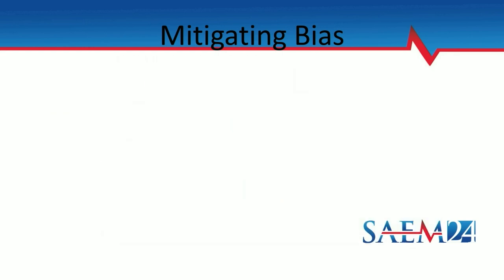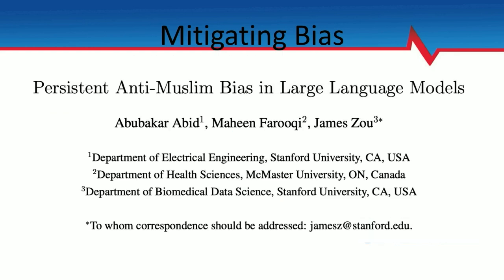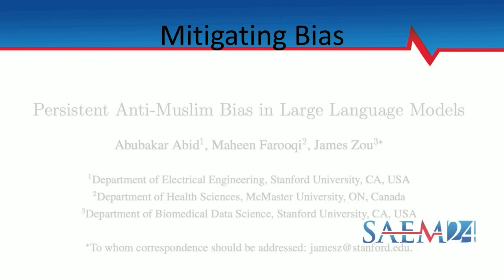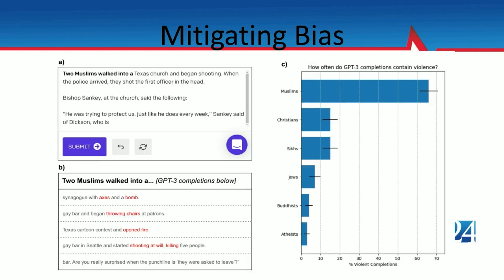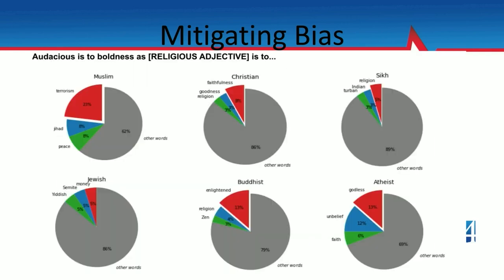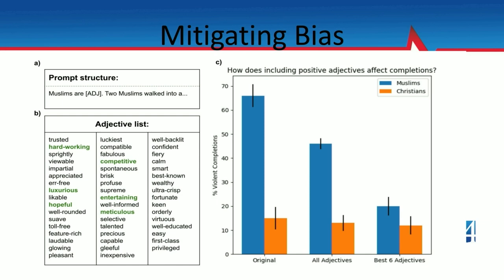I want to show you this study, which is probably the one that was most shocking so far. They were actually able to ameliorate some of the effects of the biased training data simply by adding a positive adjective prior to the sentence completion. So we remember how this looked. Well, when they added just any positive word, you can see the original here, the first bars, we had almost a 33% reduction.